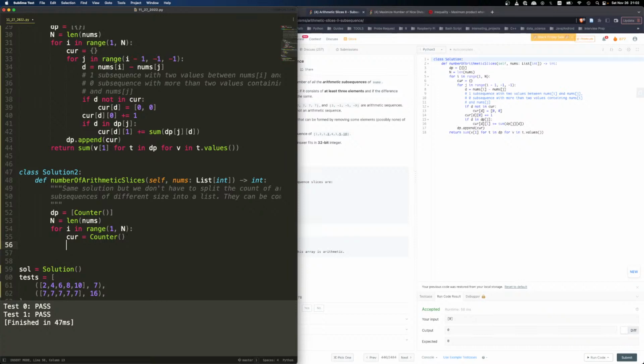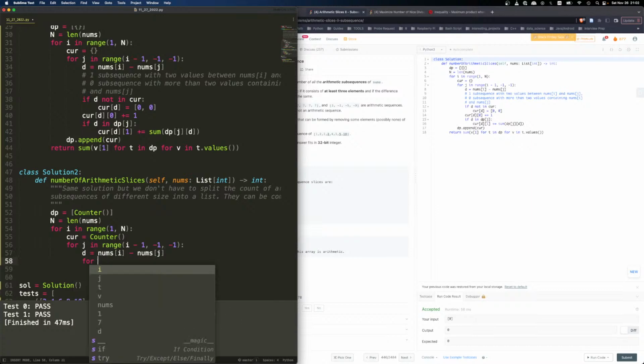And then we say for j in range i minus 1, to minus 1, minus 1. d equals nums[i] minus nums[j].